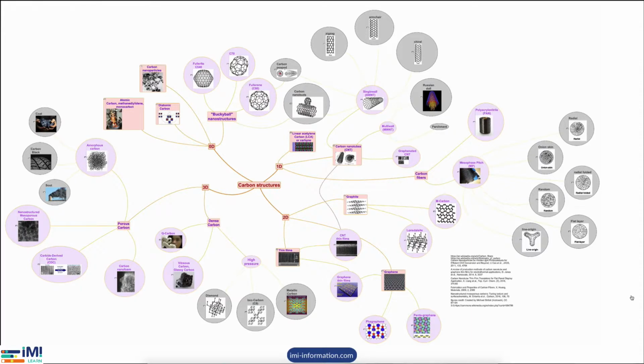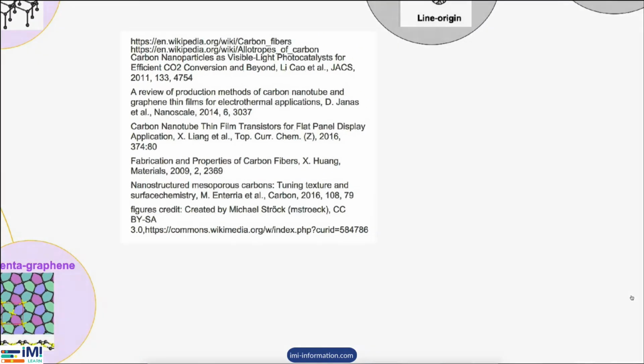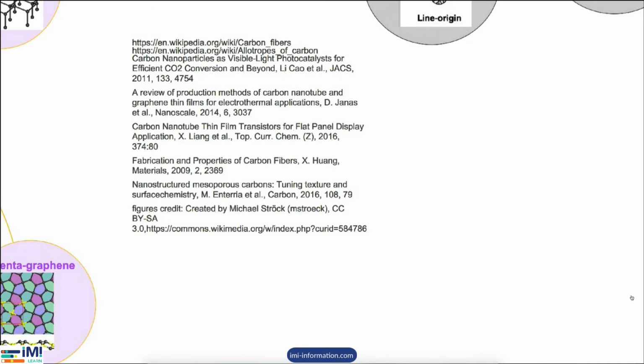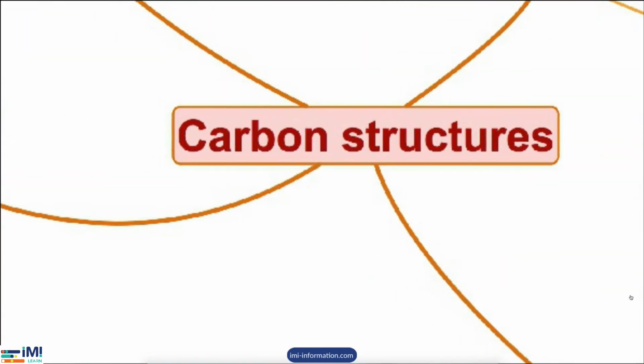As I said before, don't forget when you use information from other sources to report these sources. All the papers or documents, the books, the web pages, to be sure that you can refer to the actual source. And that's it. Here's how you can create a content-based mind map. If you want to create a mind map to analyze an idea or problem, you will follow almost the same logic.